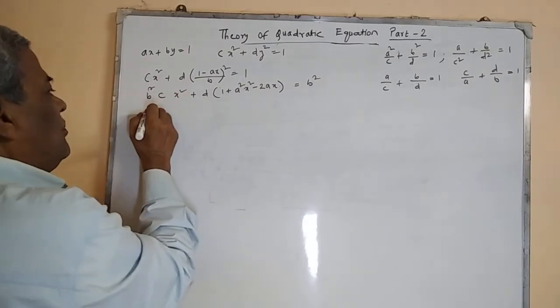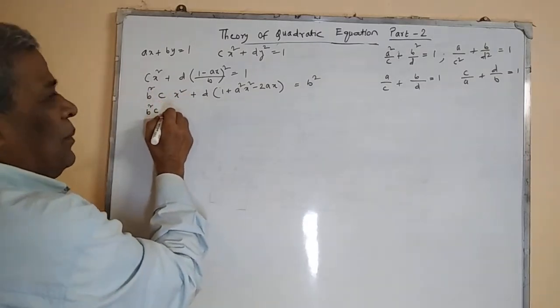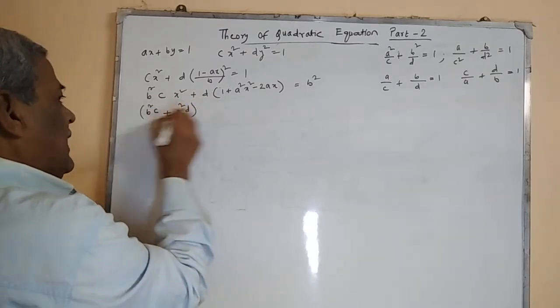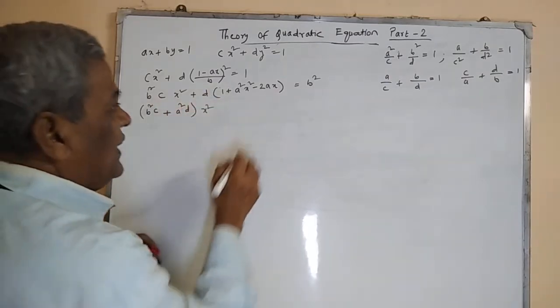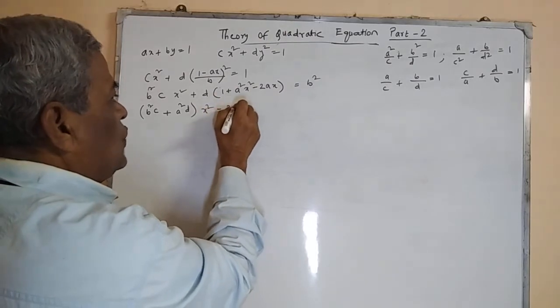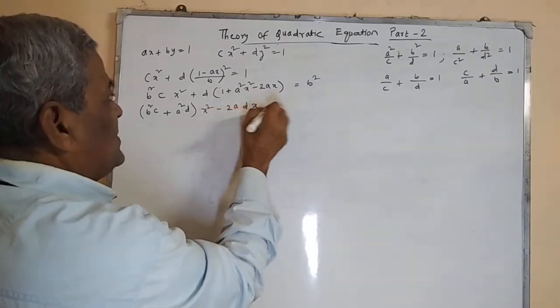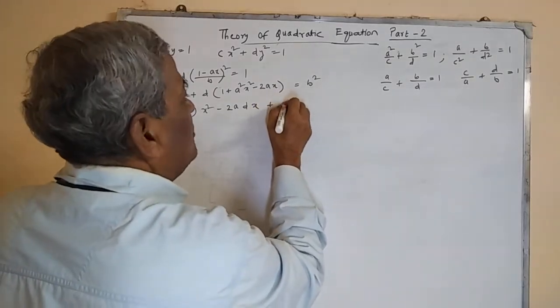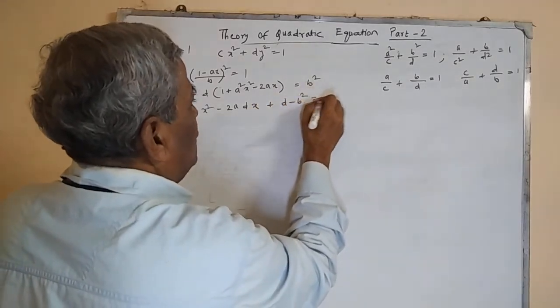So it becomes (b square c plus a square d) into x square minus 2adx, then the constant term is plus d minus b square is equal to 0.